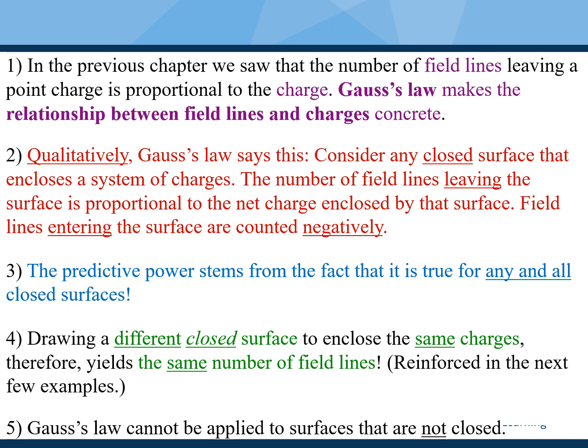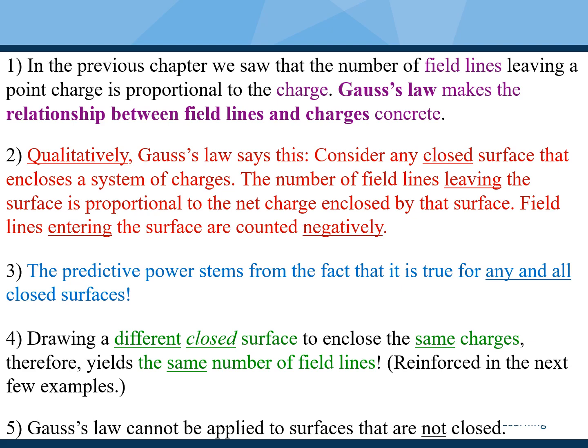So we essentially recap from the last chapter that we studied electric field lines, and we understood that if you have a positive charge, then the electric field lines emanate outwards from that positive charge.